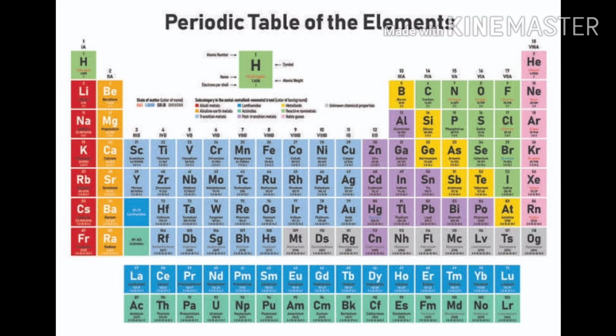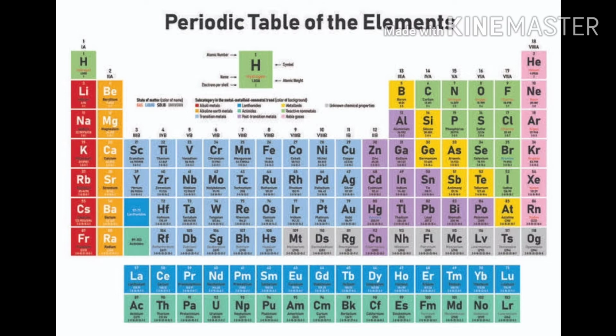Elements in group 13 are called boron family. Elements in group 14 are called carbon family. Elements in group 15 are called nitrogen family. Elements in group 16 are called oxygen family or chalcogens. Elements in group 17 are called halogens. Elements in group 18 are called noble gases.